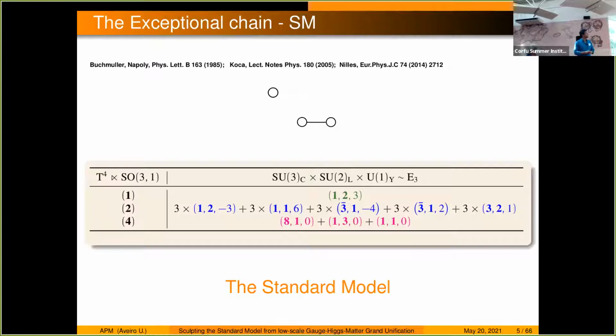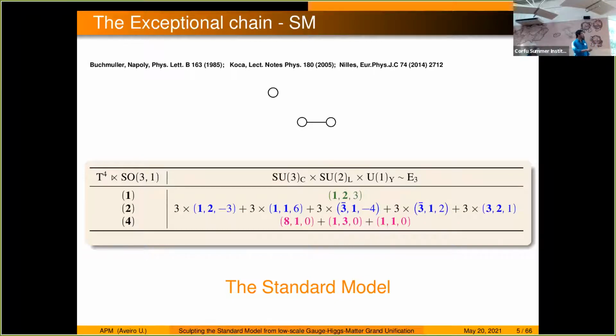But to see that, let's go back to the early 80s and look at the exceptional chain. We can start with the standard model gauge group, and look at the exceptional chain in terms of linking diagrams. Here in the first line, these are the scalars of the standard model, which is the Higgs. These blue ones are the fermions, the quarks and the leptons, and these purple ones are the gauge bosons.